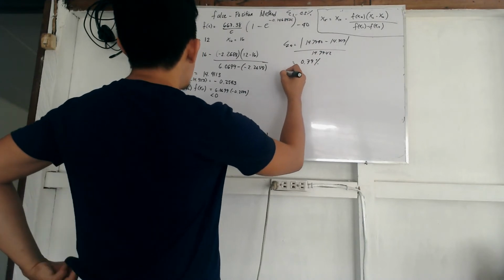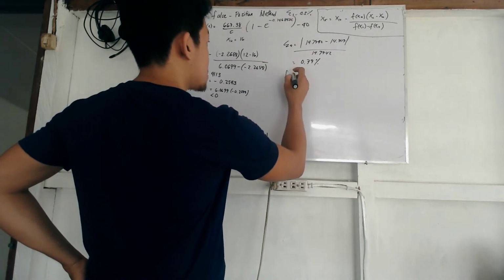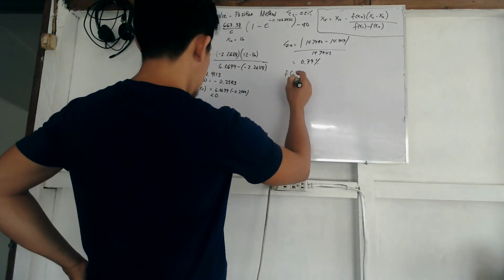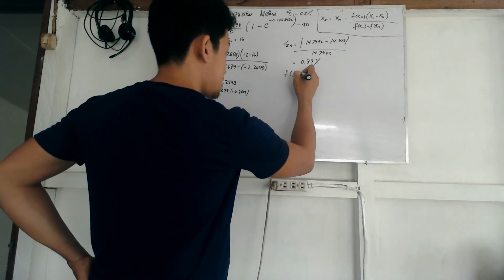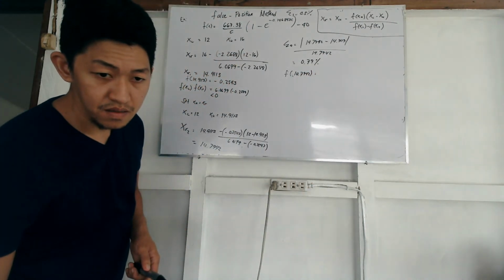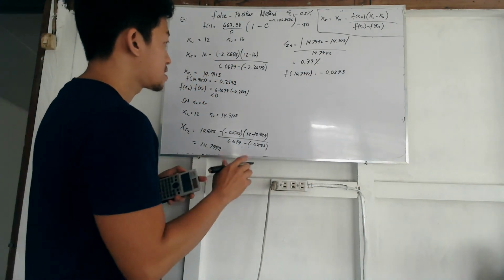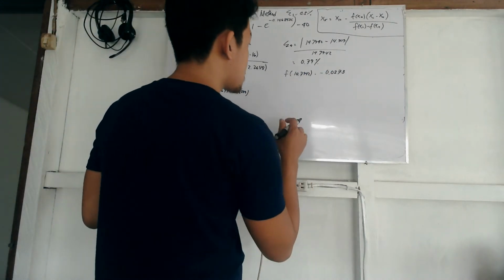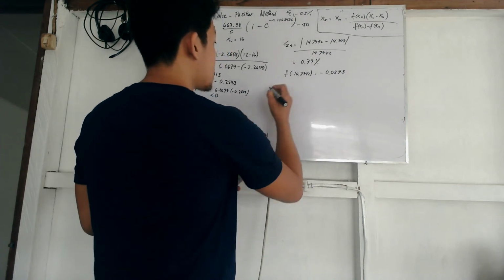So check f of 14.7942. Okay, so f of 14.7942 is negative 0.0273.